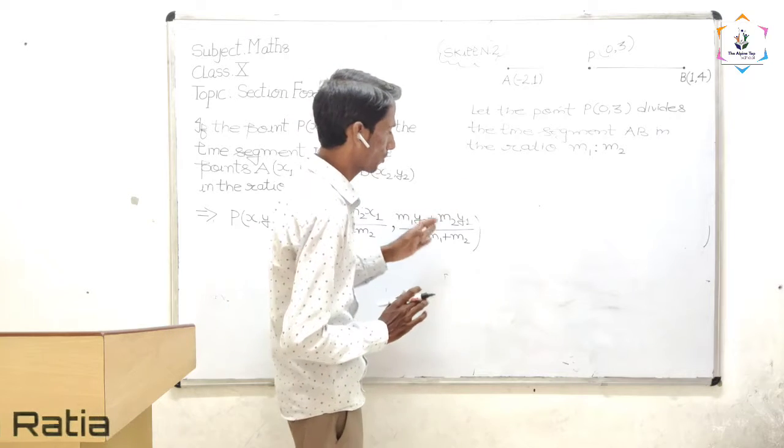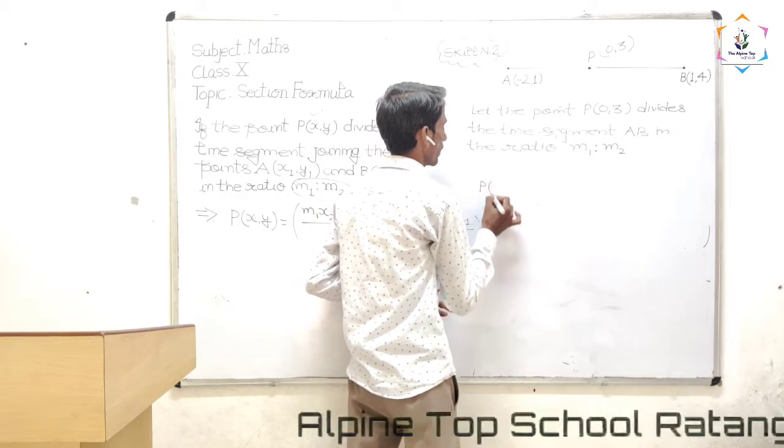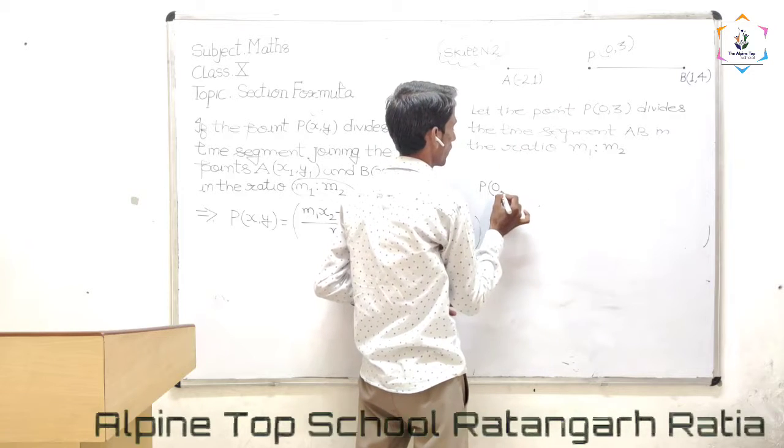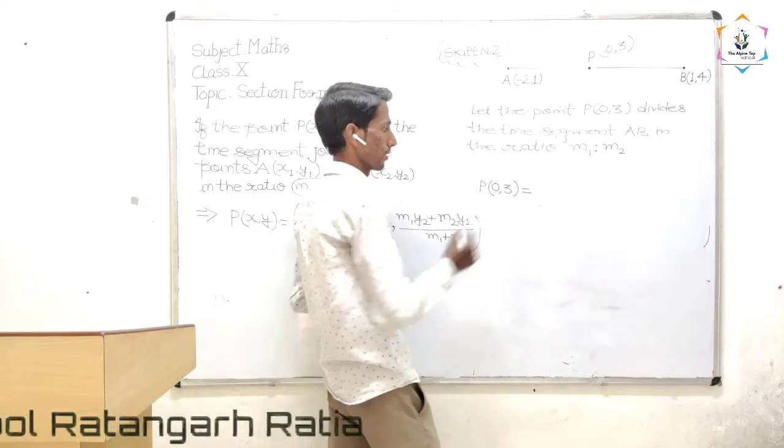Now let's start. We have to implement the same formula here. According to the section formula, we find the coordinates of the point P which divides the line segment AB.